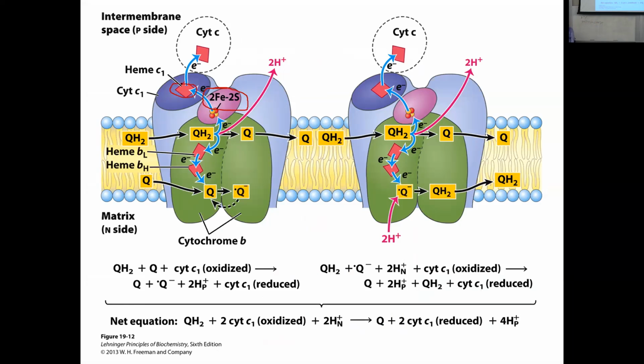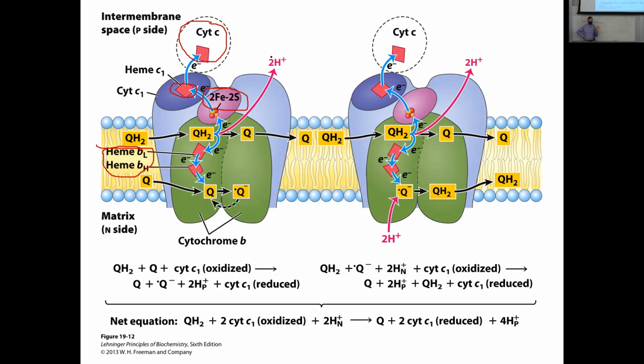We see a C heme. We see some B hemes over here. And the electrons are going to be transferred ultimately. So we're going from QH2, ubiquinol, the reduced form. We're going to transfer those electrons through complex 3 to cytochrome C.